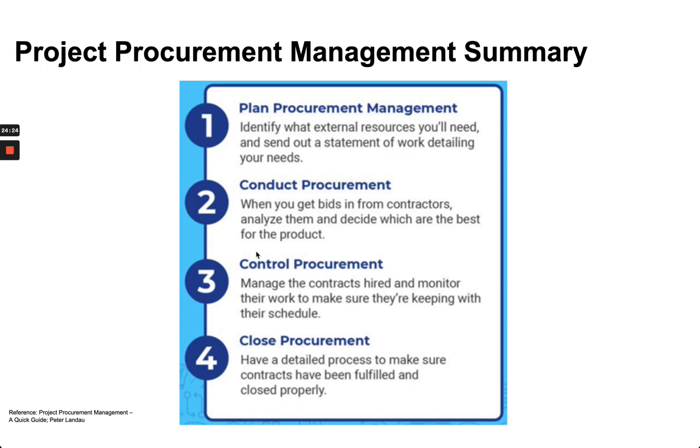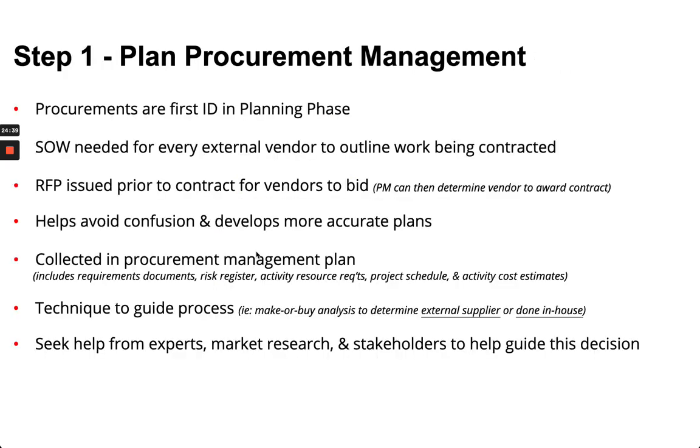The plan, the procurement itself to conduct it, the controlling of it, and then eventually the closeout of what was procured. So let's talk about each of them in more detail.